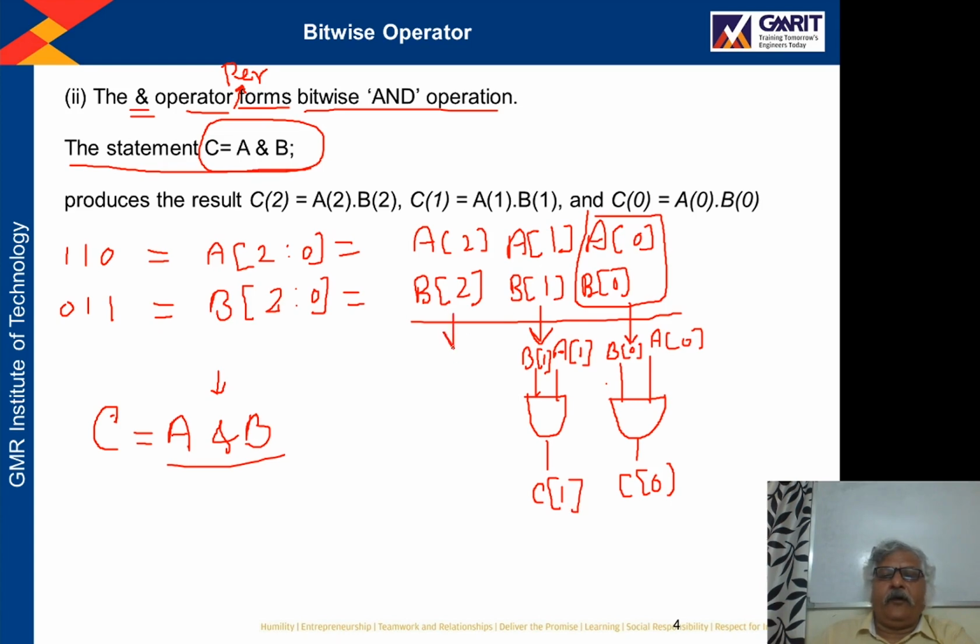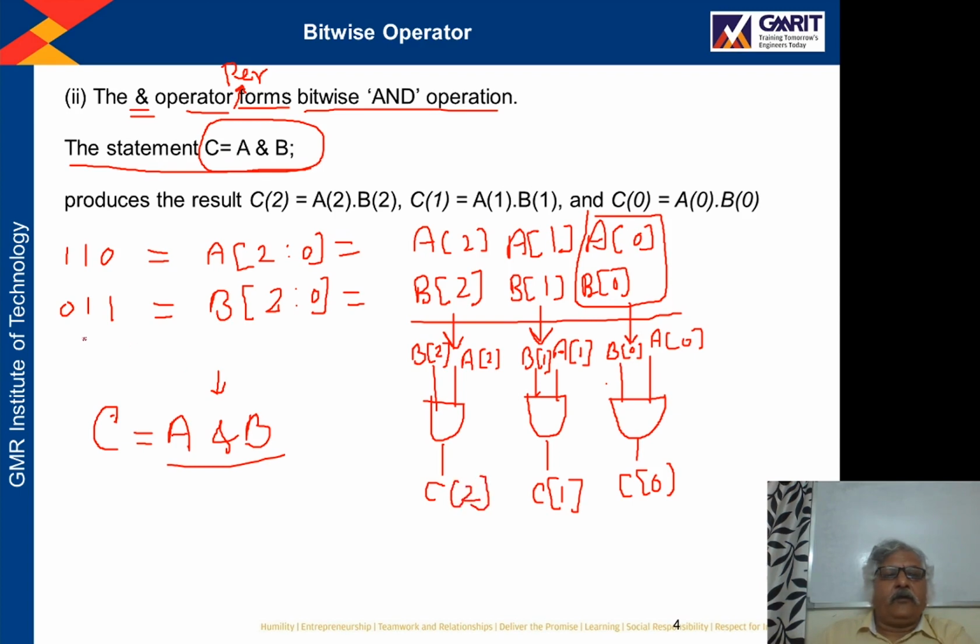Now for the third bit, another AND gate will be there, which will have two inputs which perform the operation over the third bit, that is A2 and B2, and the result will be assigned to C2 bit.